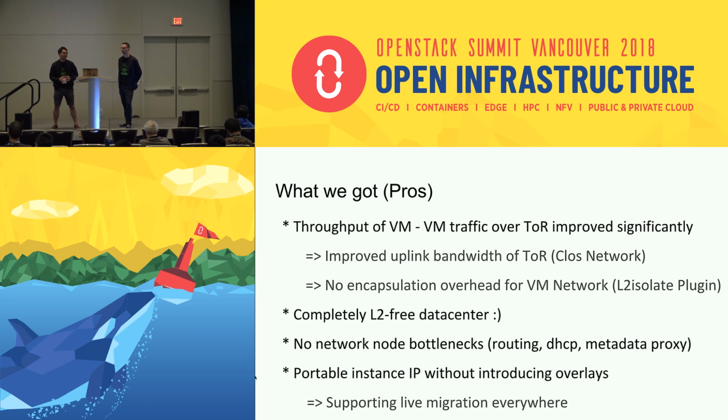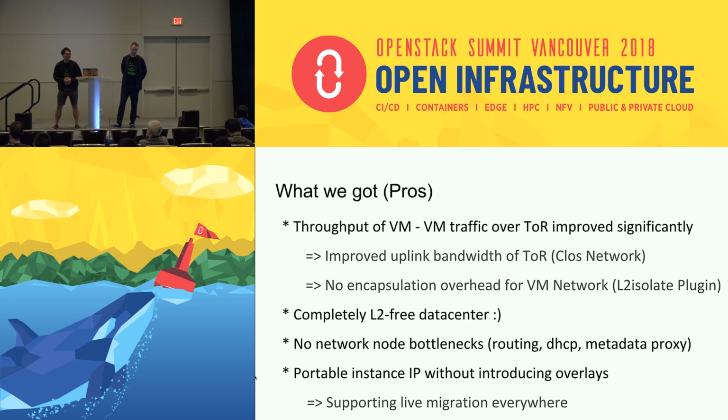The second one is we got completely free from the L2 redundancy mechanisms, so we don't need to worry about vendor-specific things to achieve L2 redundancy. And now our redundancy has been implemented by just one simple BGP protocol. So to operate our OpenStack environment and data center network, we need just BGP experts.